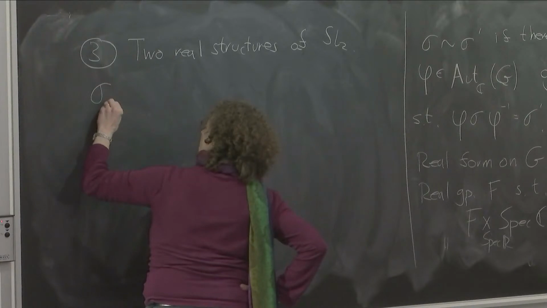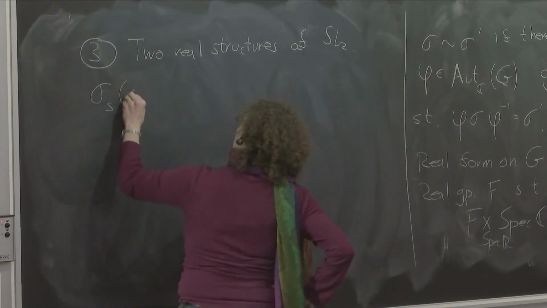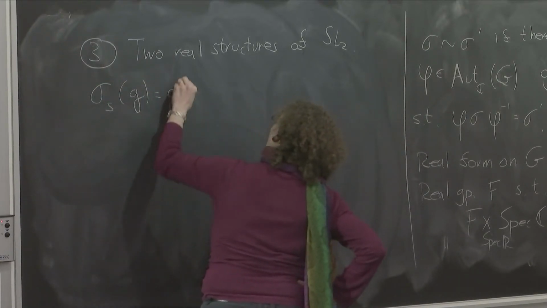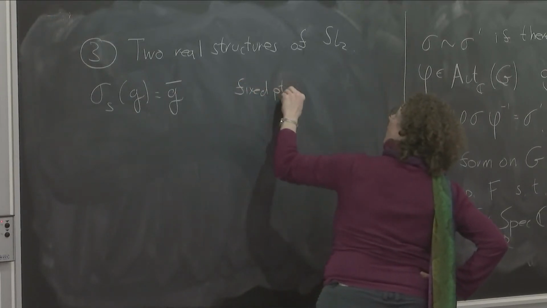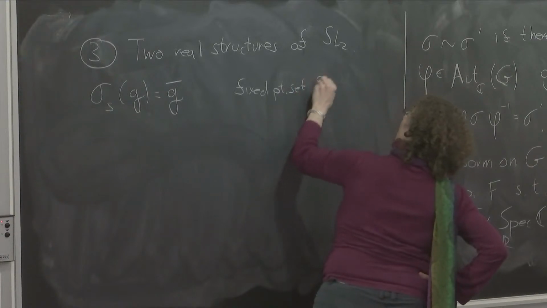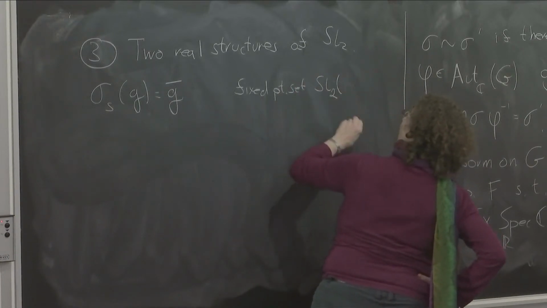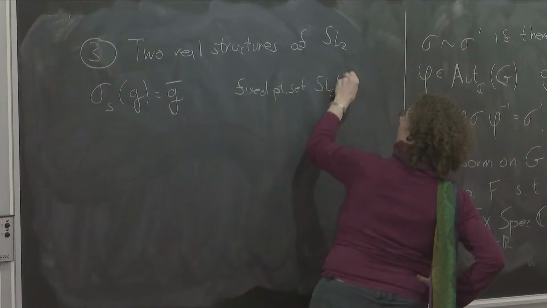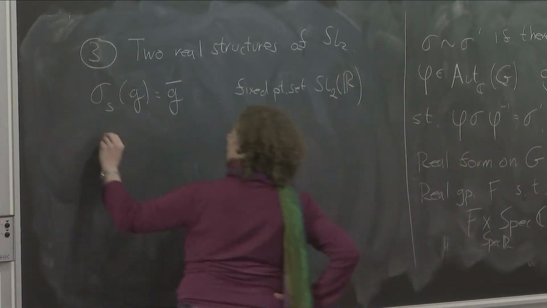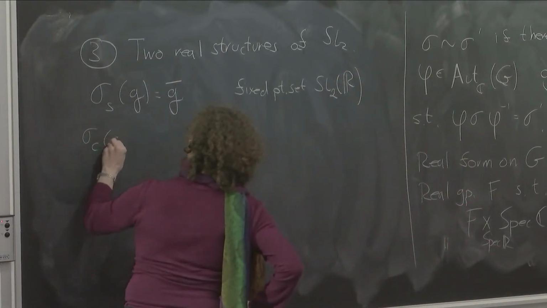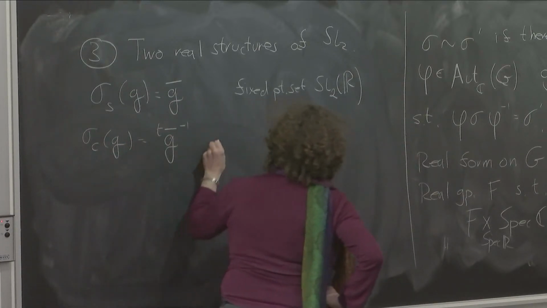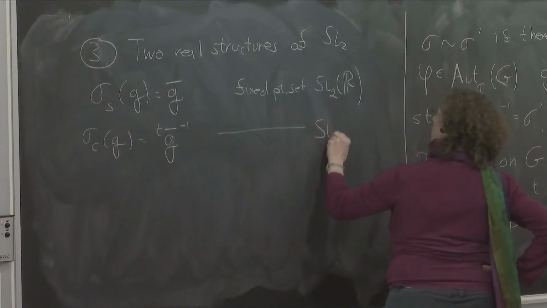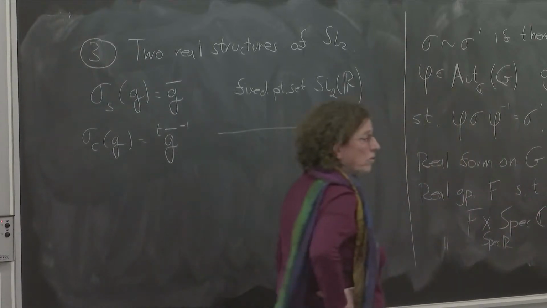There's sigma S of G equals G bar with fixed point set SL2 R, and sigma C of G, which is G bar inverse transpose, where the fixed point set is SU2.